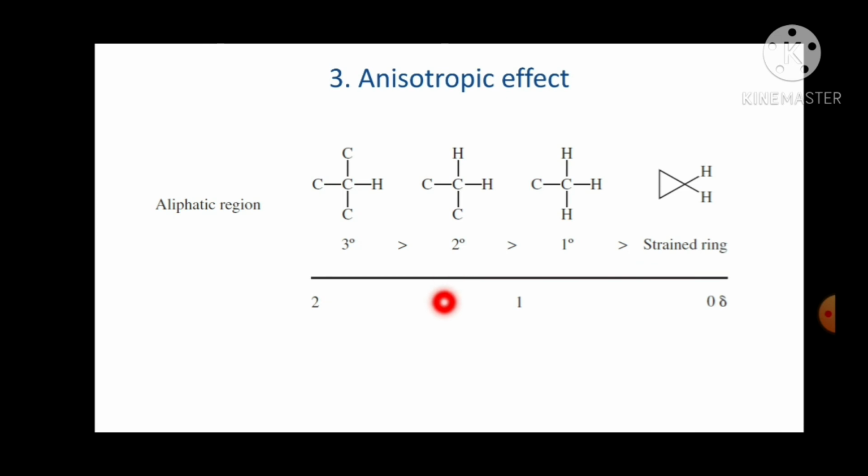If it is secondary, it will be between 1 and 2. If it is primary, where we have 3 protons, because of the 3 protons it will have a very good electron cloud and be more shielded, going towards 0. And in the case of a strained ring, these 2 protons will be near 0.